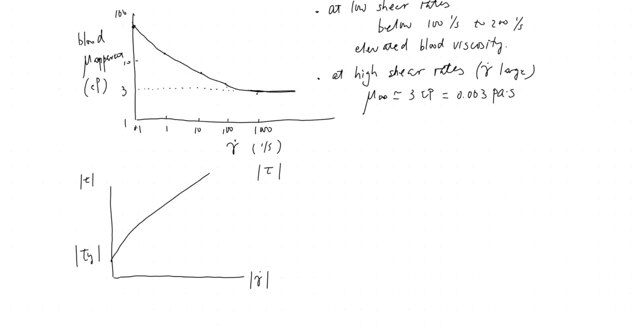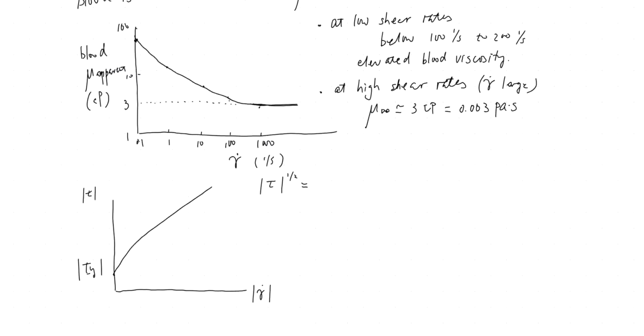The square root of the magnitude of the shear stress equals the square root of the magnitude of the yield stress plus S multiplied by the square root of the magnitude of the shear rate.